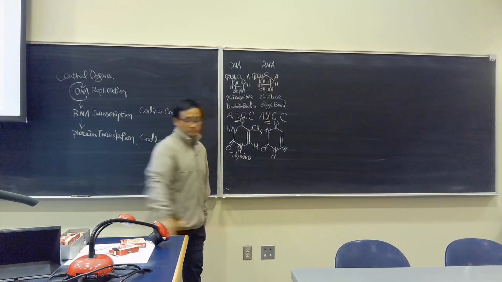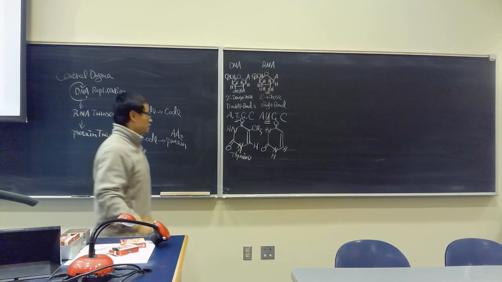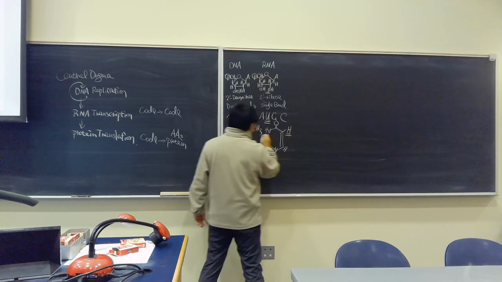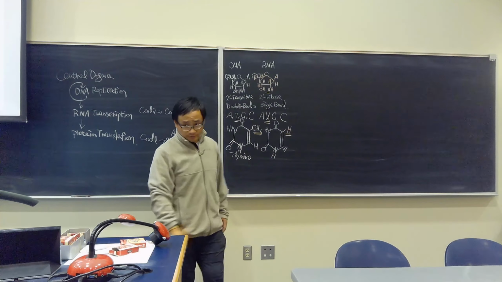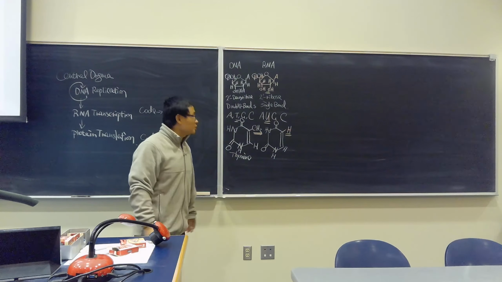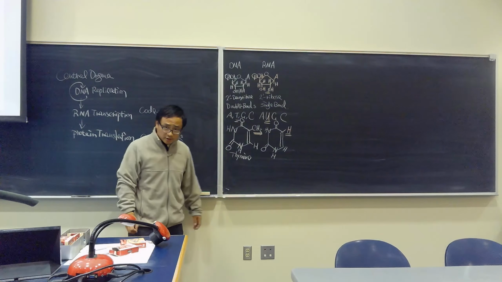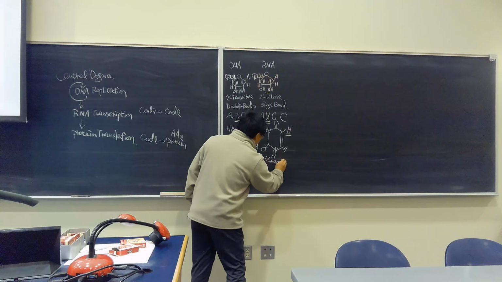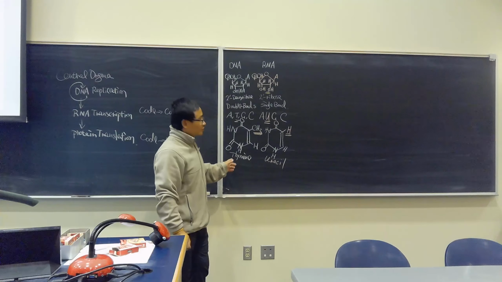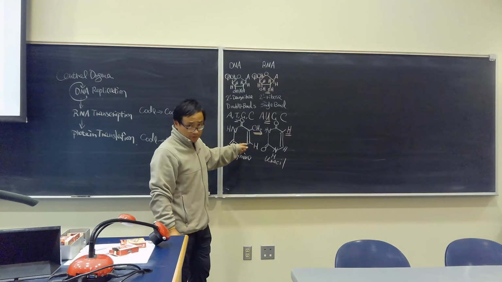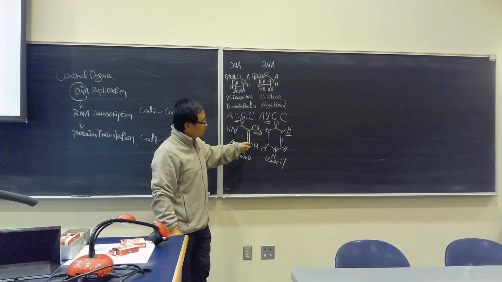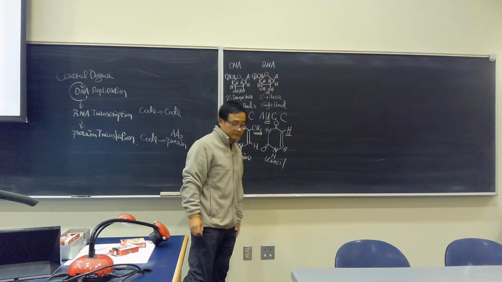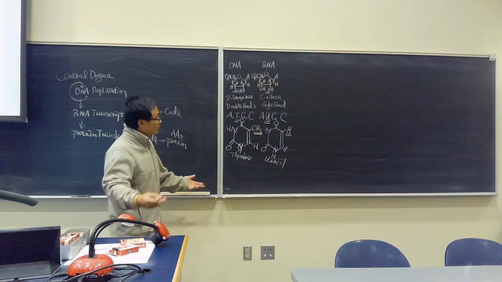What's the difference? The only difference is at carbon number 6. It is an H instead of a methyl group. So some people will say the difference between thymine and uracil is that uracil has, at this position, a proton, a hydrogen, instead of a methyl group. Okay, so that's the difference.